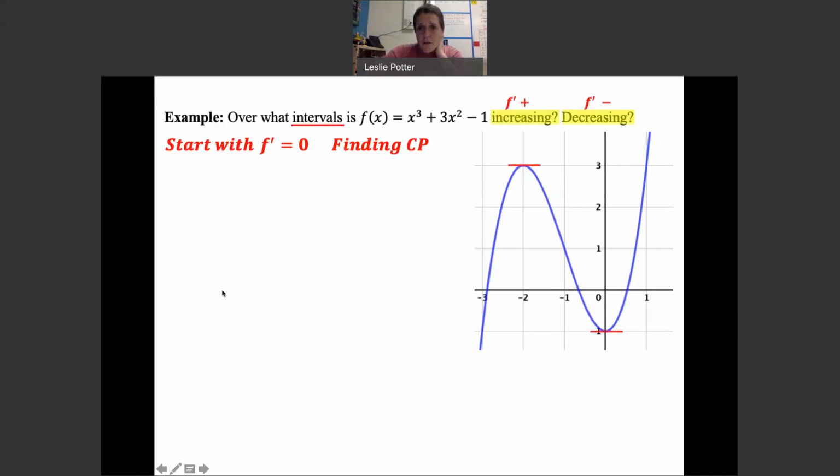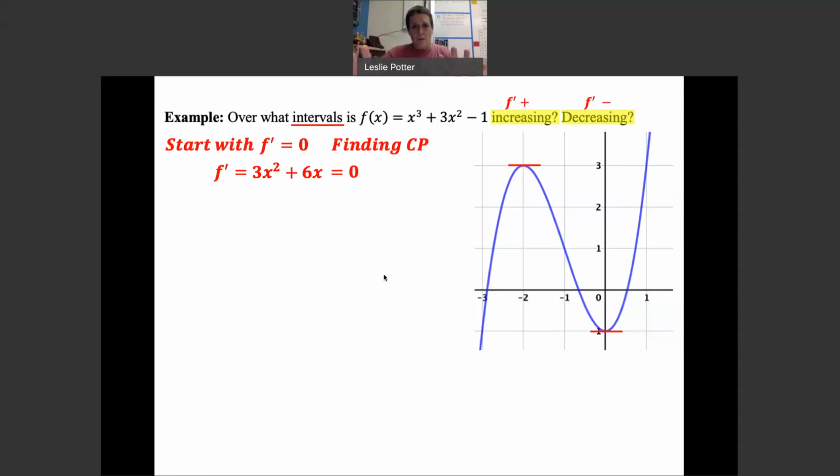So let's differentiate this. Remember, the critical points, we're finding these points right here. So the derivative here is 3x squared plus 6x. We're going to set that equal to 0. And this is going to be a reoccurring solution strategy. Find the derivative, set it equal to 0, factor it, and solve it.